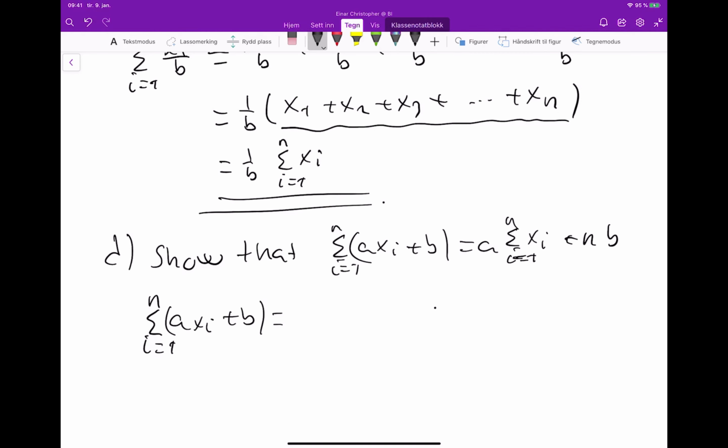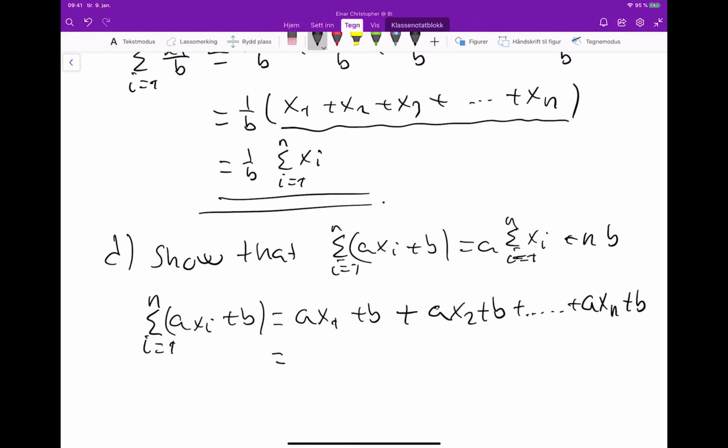And then we rewrite this sum as first, when i is equal 1, we get ax1 plus b. And then, since it's the sum, I have to add the next term, so plus. And the next term is when i is equal 2. And when i is equal 2, we get ax2 plus b. And so on, until we get the last term, when i is equal n. Then we get axn plus b.